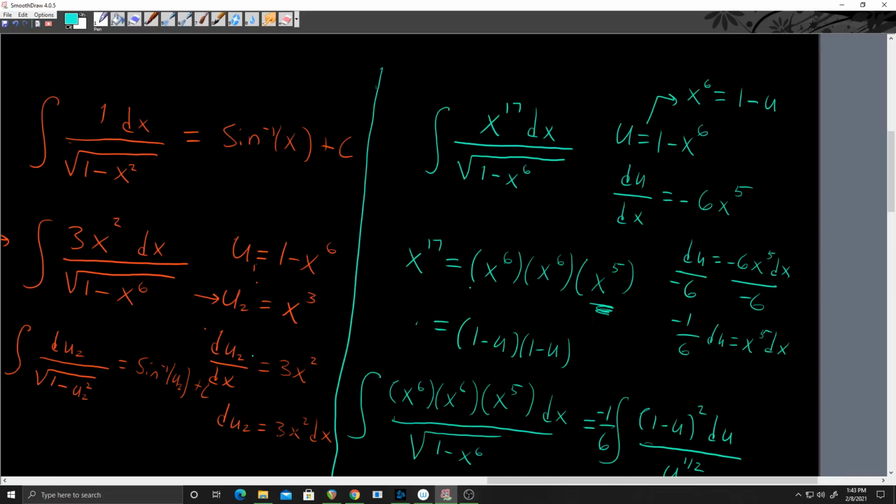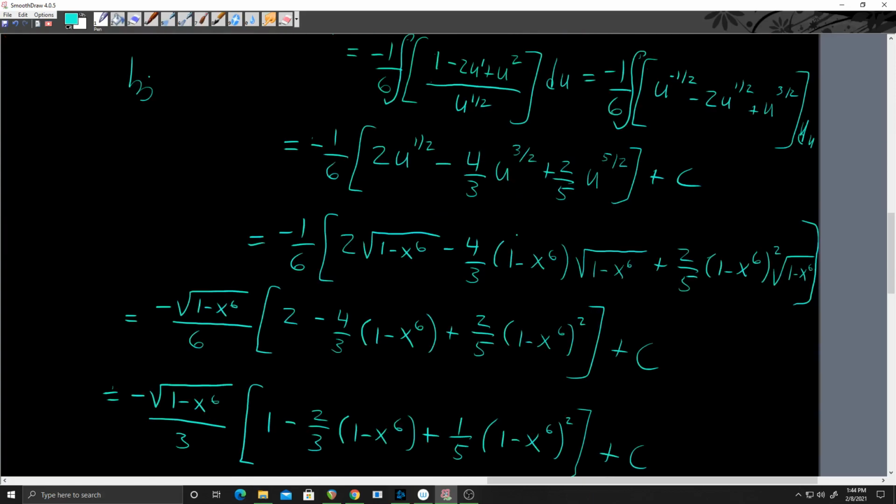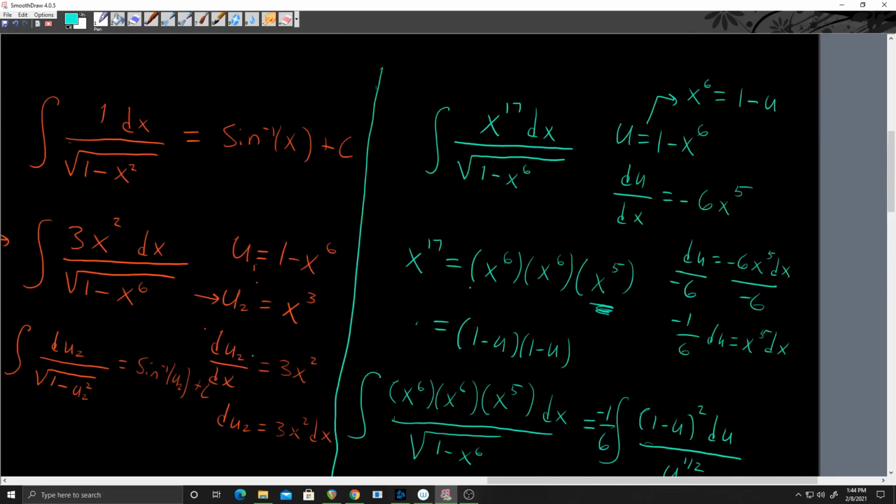Okay. So yeah, so there's that. So basically, if the power upstairs is way larger, then you're going to have to do a u sub plus some algebra. Okay, u sub plus some algebra. Breaking it down like this, in terms of powers of what is on the denominator. Okay, so the denominator has x to the 6.